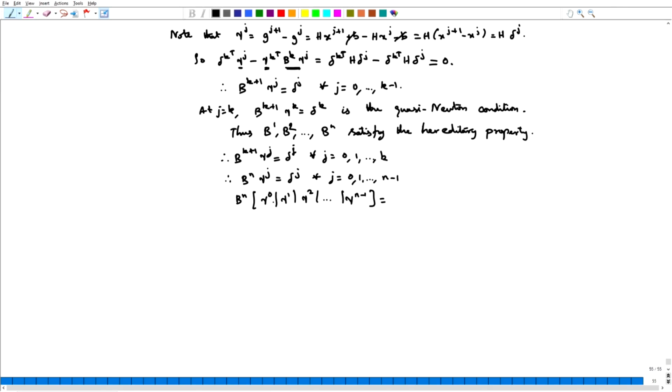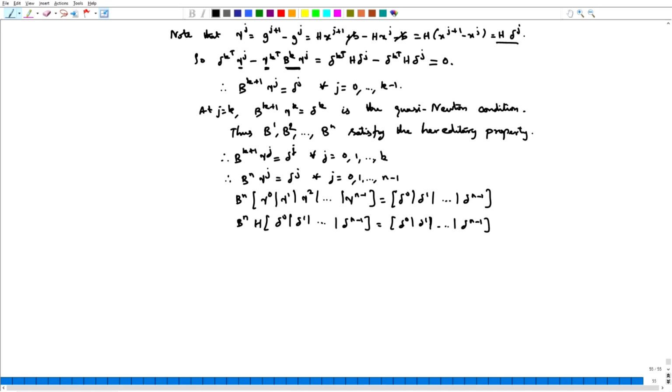But bn gamma 0 was delta 0, bn gamma 1 was delta 1, dot dot dot, bn gamma n minus 1 was delta n minus 1. Okay. So, I know that gamma 0 is h delta 0, right. So, note this gamma j is h delta j, right. So, I have bn h times delta 0 delta 1 dot dot dot delta n minus 1 equal to delta 0 delta 1 dot dot dot delta n minus 1.